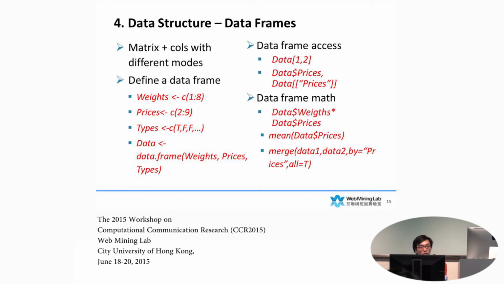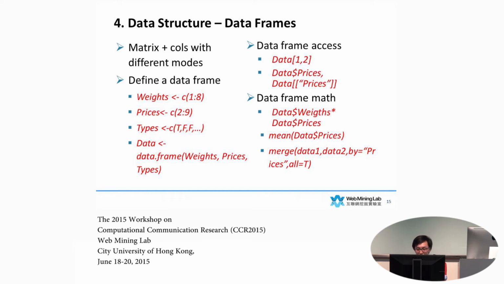That means three columns in the data frame, and we should add one more argument here: stringsAsFactors equals FALSE.